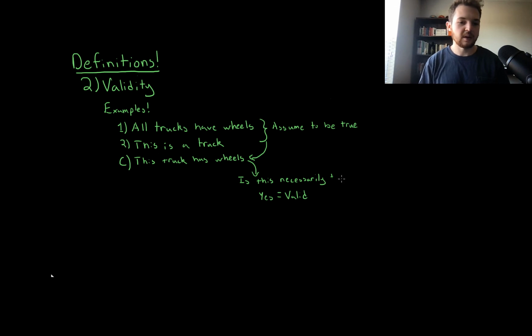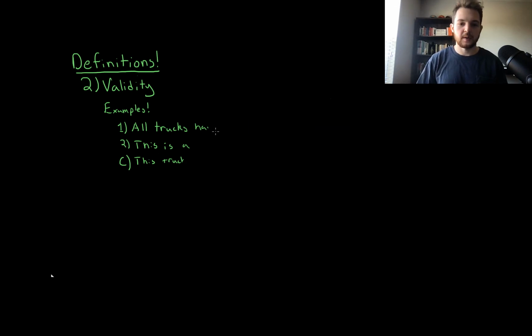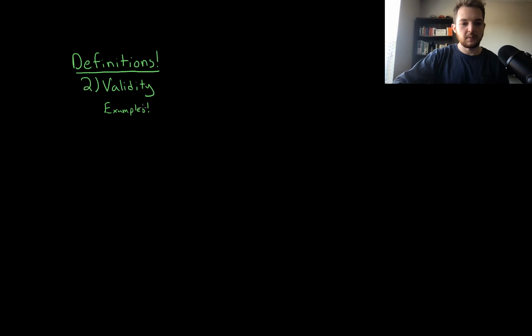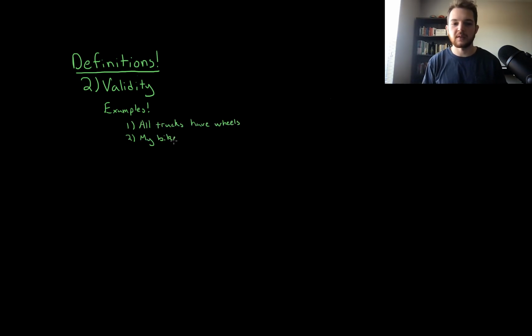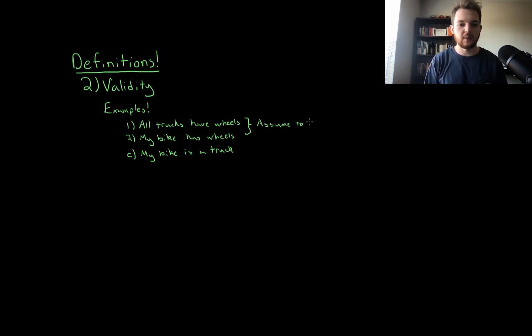So let's take a look at an example of an invalid argument. In this case, we've got all trucks have wheels. My bike has wheels. My bike is a truck. In this case, if we take premise 1 and premise 2, all trucks have wheels and my bike has wheels, and we accept them as true.